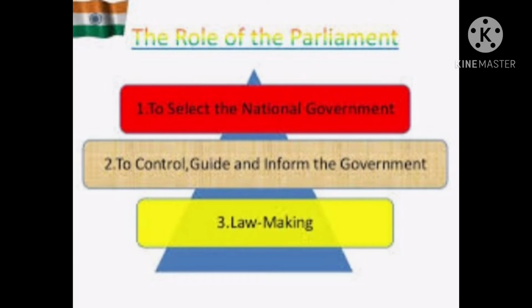If no party gets a clear majority, two or more parties may together form the government. This type of government is called a coalition government, கூட்டணி ஆட்சி. The parties other than the ruling parties constitute the opposition.